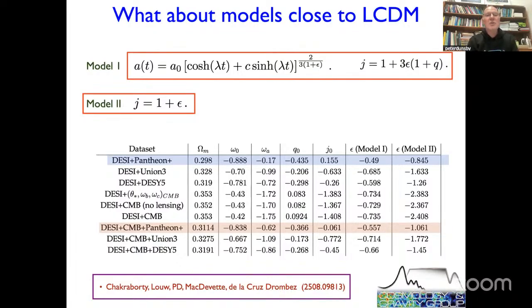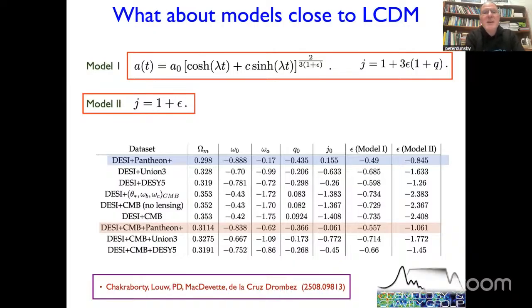For model 2, we've done a very straightforward change in the jerk parameter. In lambda CDM, J is equal to 1 exactly for all redshift. We've now said, okay, let's change J by a small amount. It's not dynamical, so J is just slightly different from 1 at all redshifts.